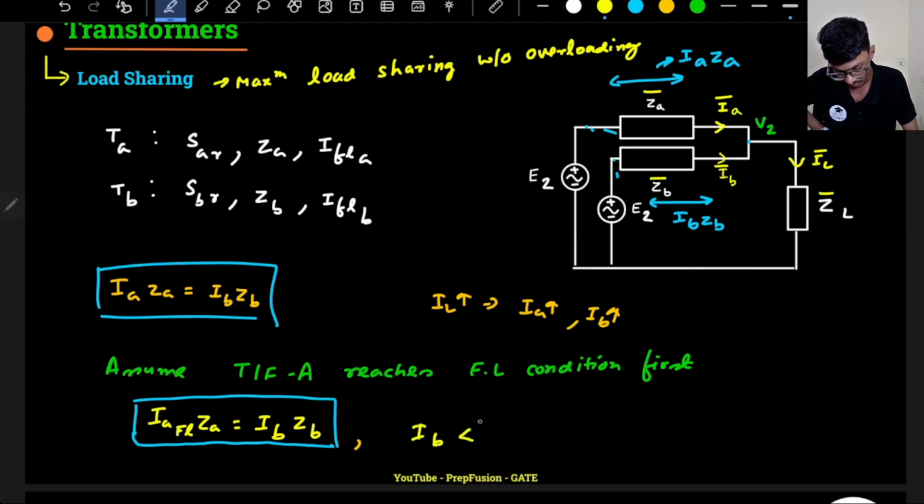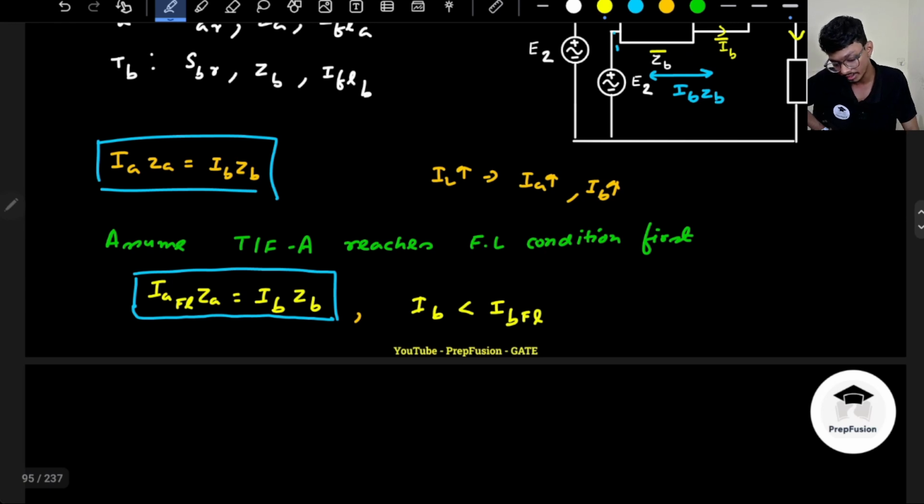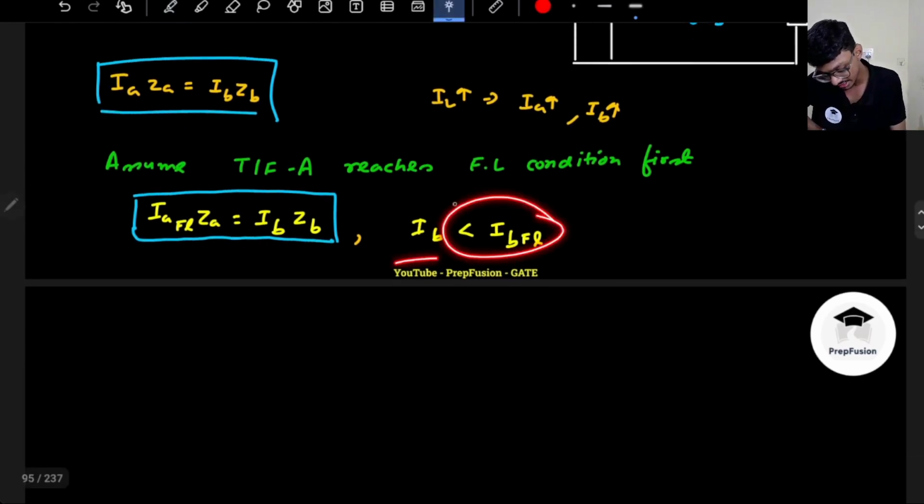That means whatever current IB is right now, it will be less than IBFL.